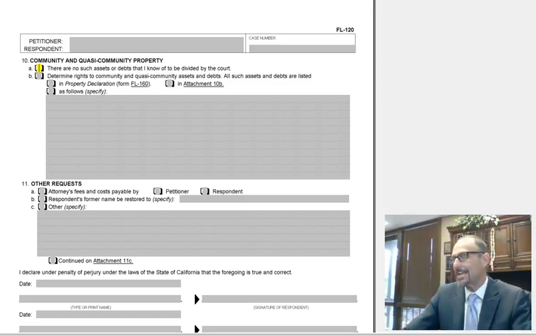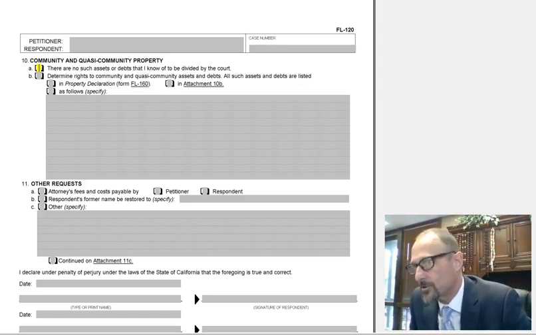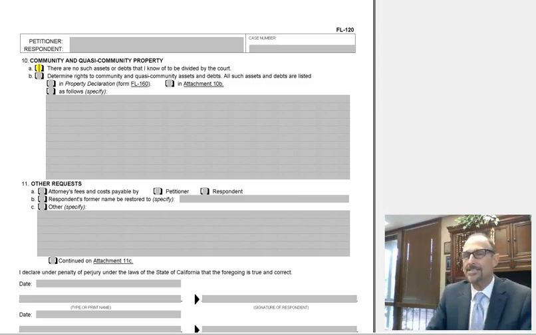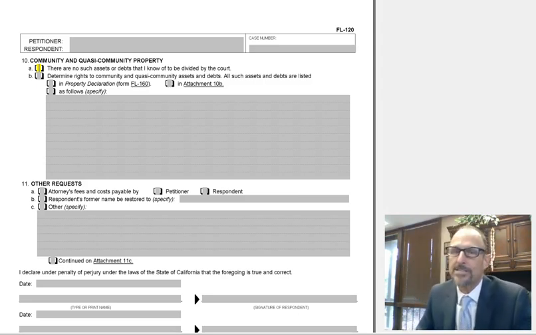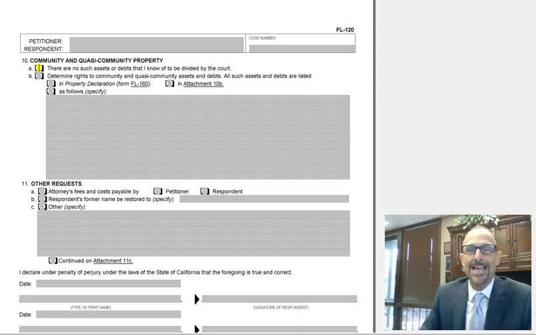It gets confusing if you had money before and you bought something during the marriage with money that you had from before marriage, and that kind of thing. If you have tricky issues like that, talk to an attorney, because this is not one of those areas where it's exactly common sense or intuitive in how it works. So if there's some confusing issues there, get some advice from an attorney.